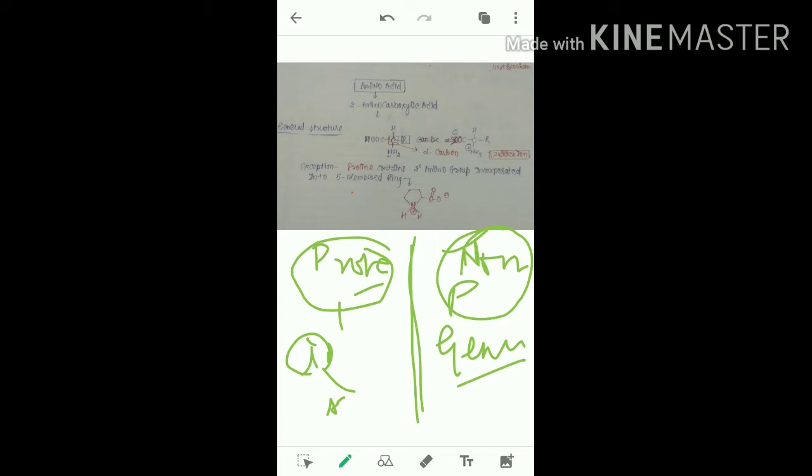but they are also derived from proteogenic amino acids by certain changes, like transformation.